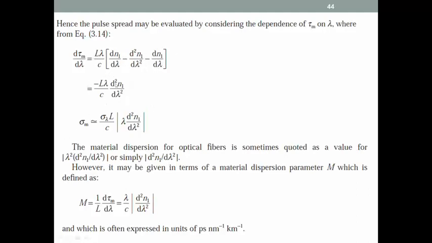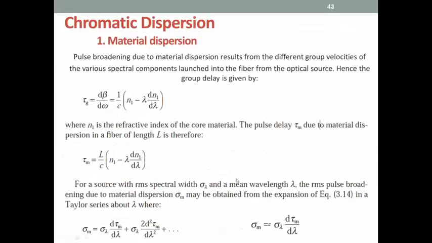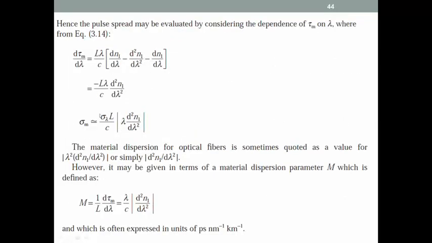So further simplifying it, d tau m by d lambda will give you this value, and in order to get the material dispersion you have to multiply by the spectral width. So spectral width sigma lambda I'm going to multiply, and I'm going to write it in a modulus sign because I do not want the negative symbol here. So this is the expression for material dispersion.